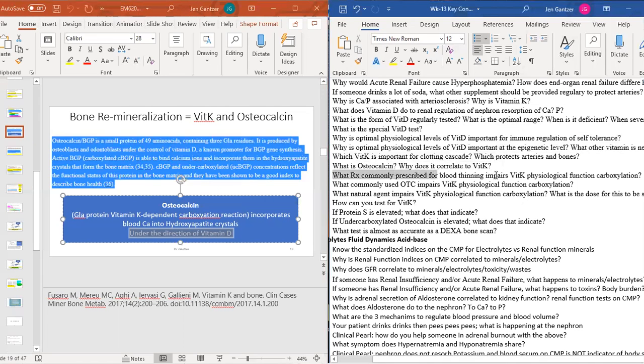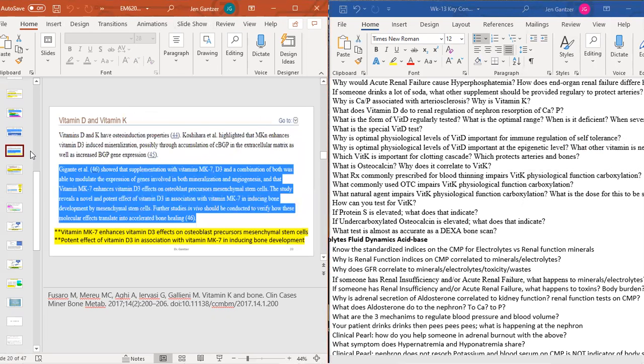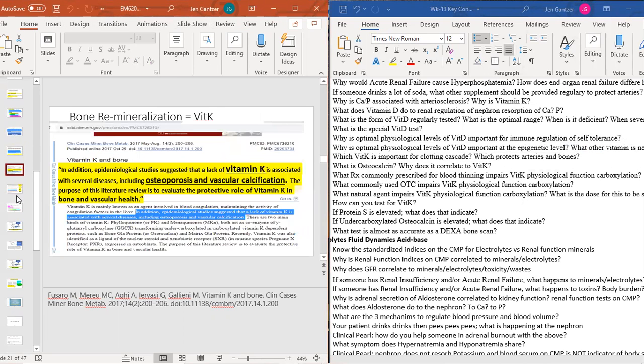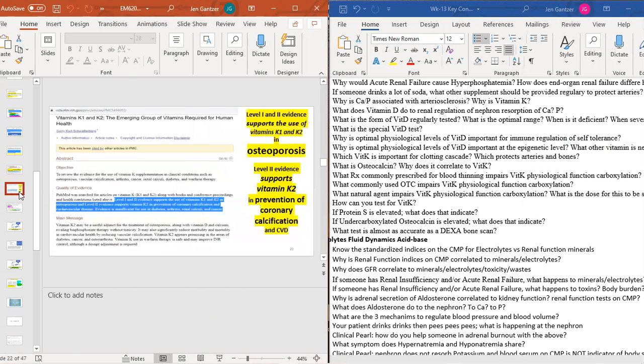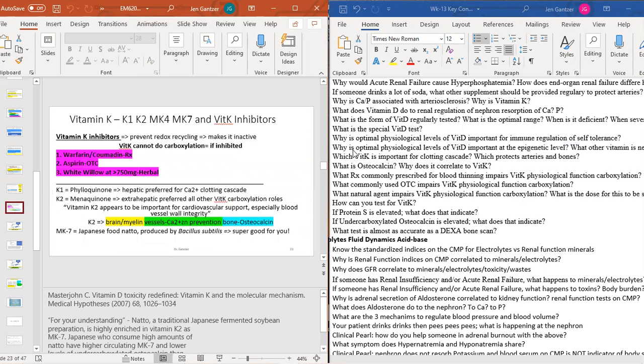What medications can cause a problem? There's one medication, there's one over the counter, and then there's one natural agent, and you need to know all three. Your population of blood thinners, which is your warfarin and Coumadin, has the same physiological function as your over the counter aspirin and ibuprofens, because that's a salicylic acid.